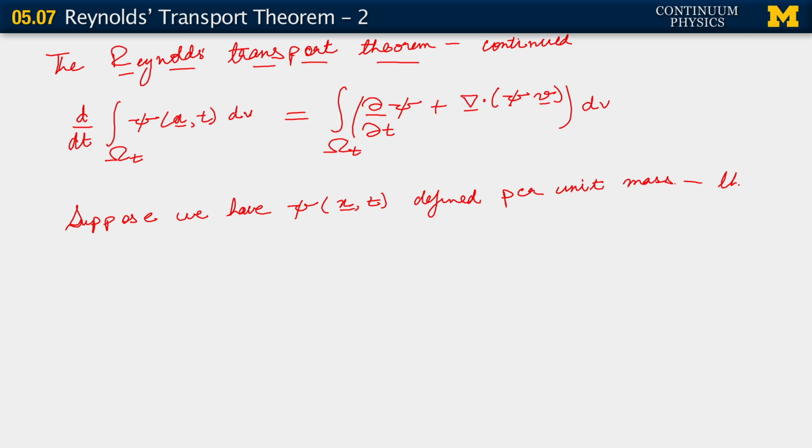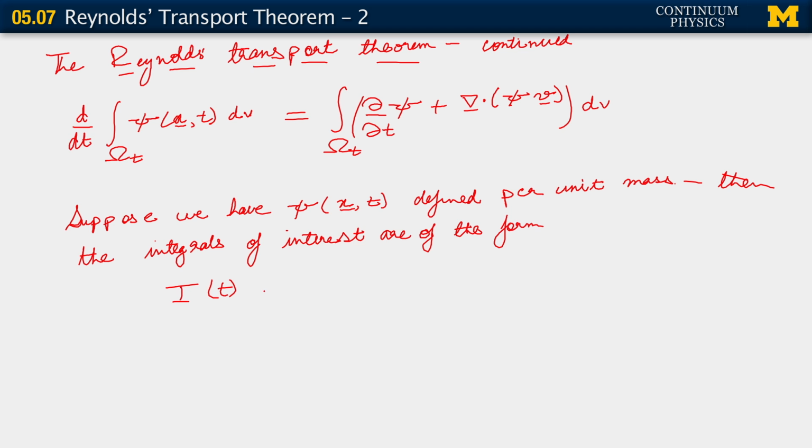If we have this, then the integrals of interest are of the form I of t equals the integral over omega t of psi, not by itself, but psi multiplied by the mass density in the current configuration, integrated over d little v.